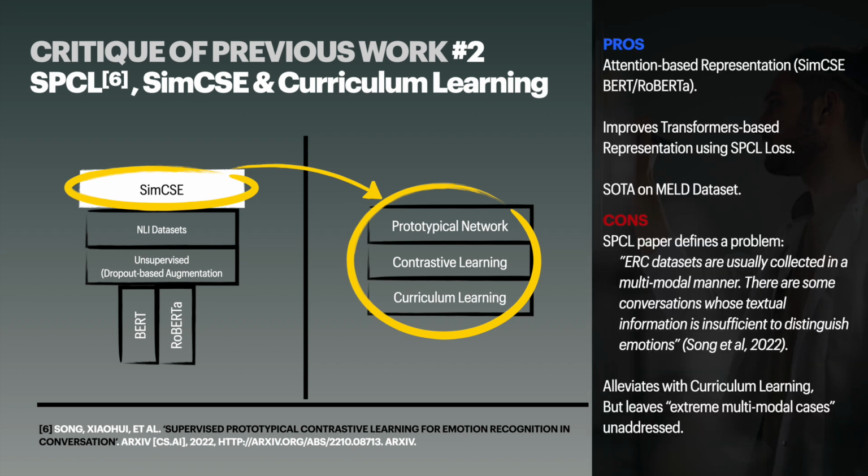The SPCL algorithm makes use of attention-based representations like BERT and RoBERTa and improves these representations with this more sophisticated SPCL loss, achieving state-of-the-art results on the MELD benchmark. However, the paper does mention the multimodal nature of the dataset and the fact that emotions sometimes can only be captured by looking at the different modalities, but leaves this problem unaddressed, only looking at the textual modality.